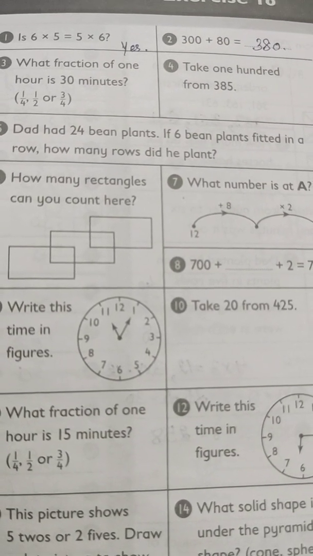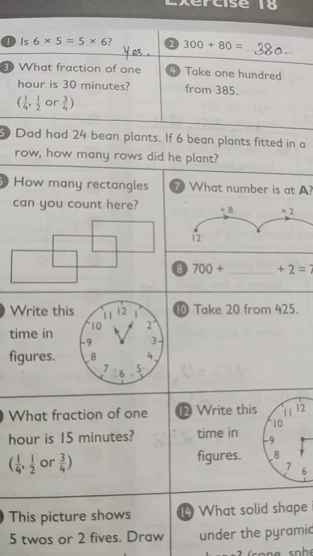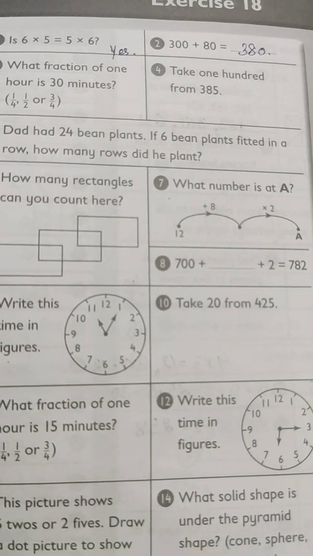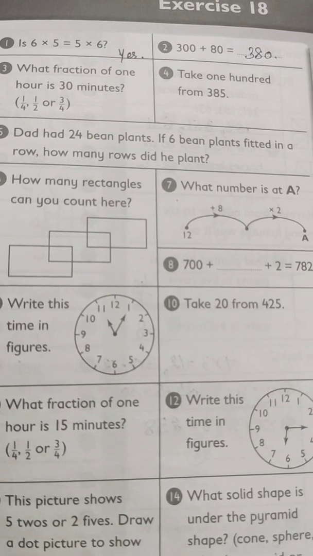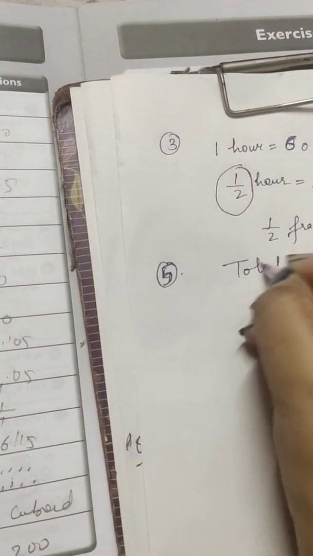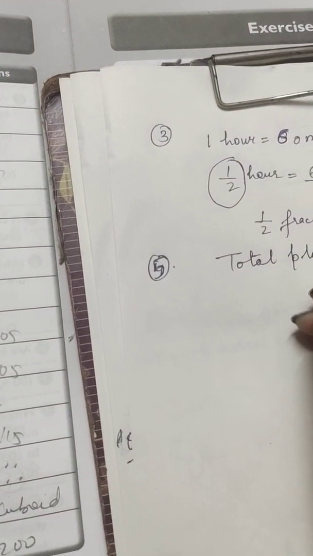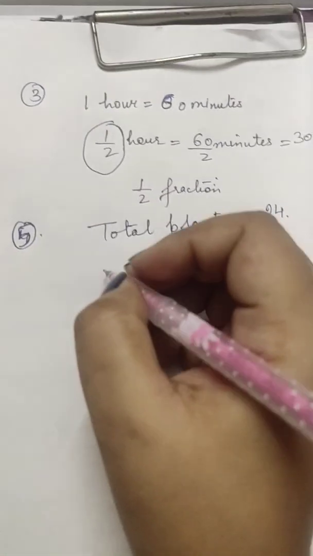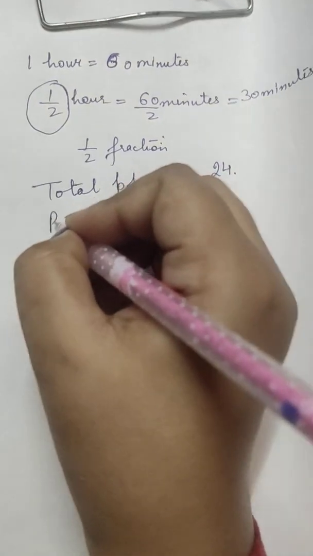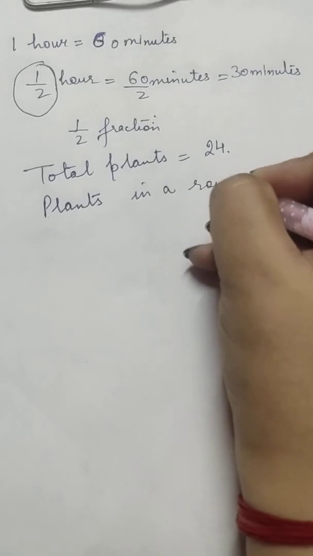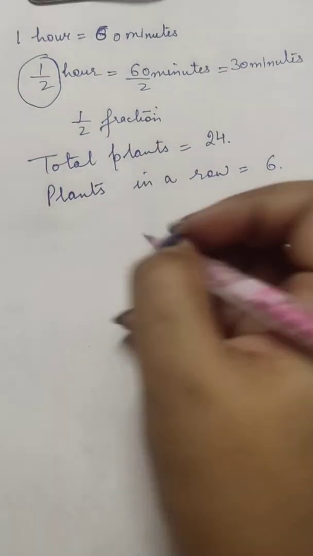Next is question number 5. Dad had 24 bean plants. If 6 bean plants fitted in a row, how many rows did he plant? So you can write total plants, that is your 24, and plants in a row, that is your 6.